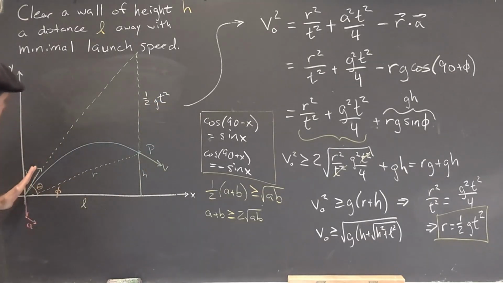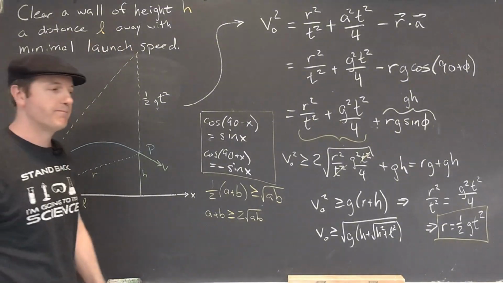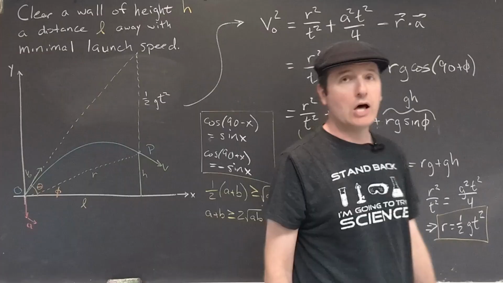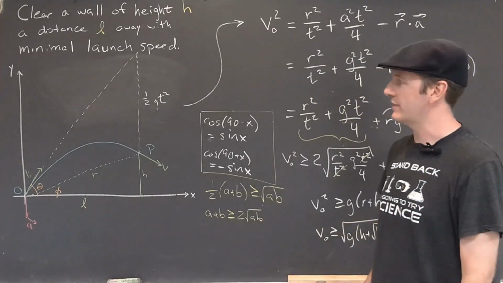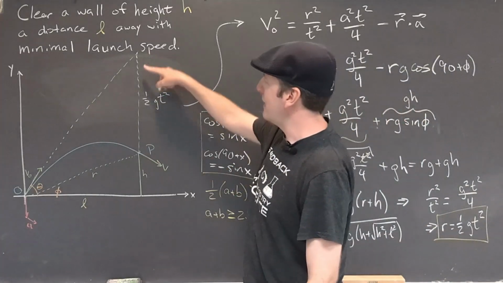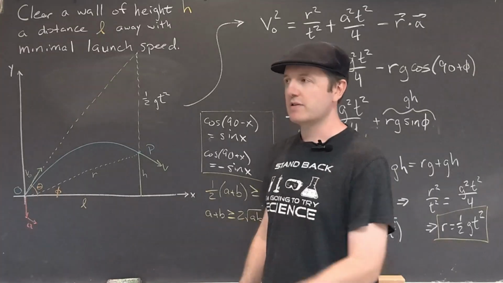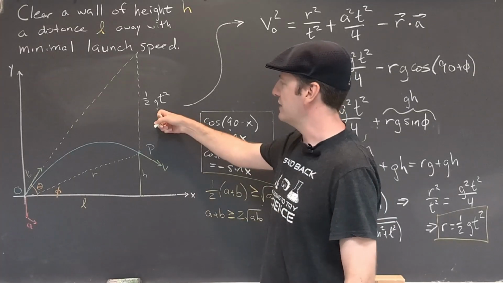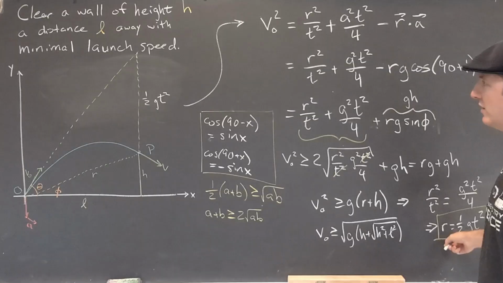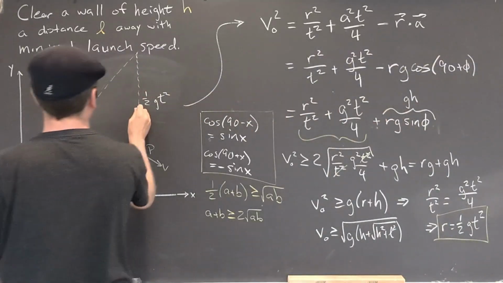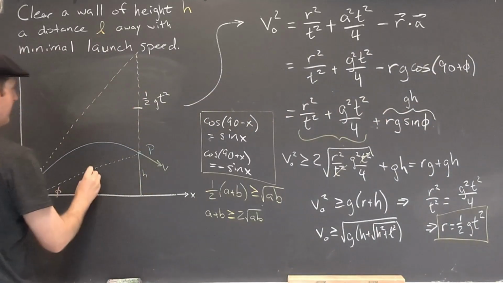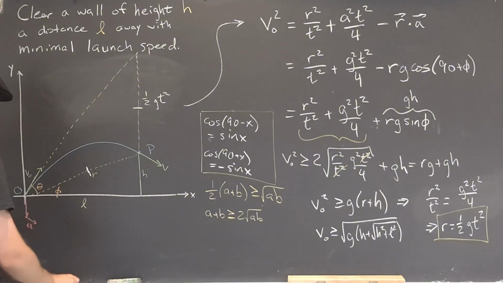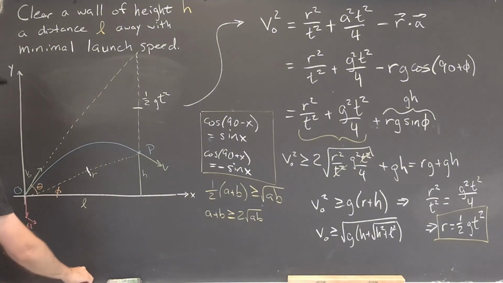Right, if we only had the initial launch speed and there was no gravity, it would just follow this sloped inclined line. There would be no curvature to the trajectory. But the amount by which it is deflected from rectilinear motion is 1/2 gt squared, and we just showed that's equal to r. In other words, this segment here and this segment here are congruent.